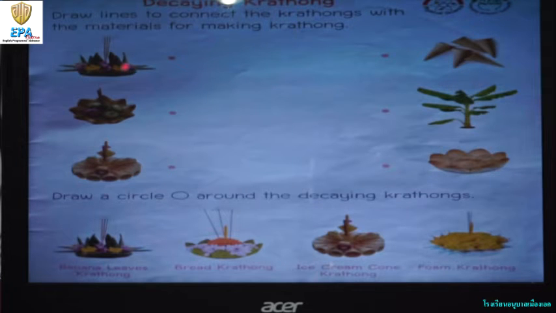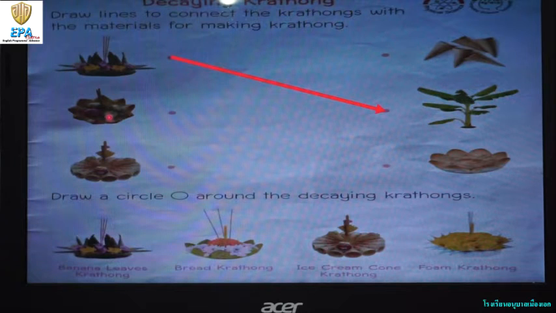Okay, so the first kratom that we have is a kratom made of banana leaves and trunks. So we are going to draw lines to match it with the source of material. Okay, there you go. Just draw a line from this point going to this point. The next example of kratom that we have is a kratom made of bread.